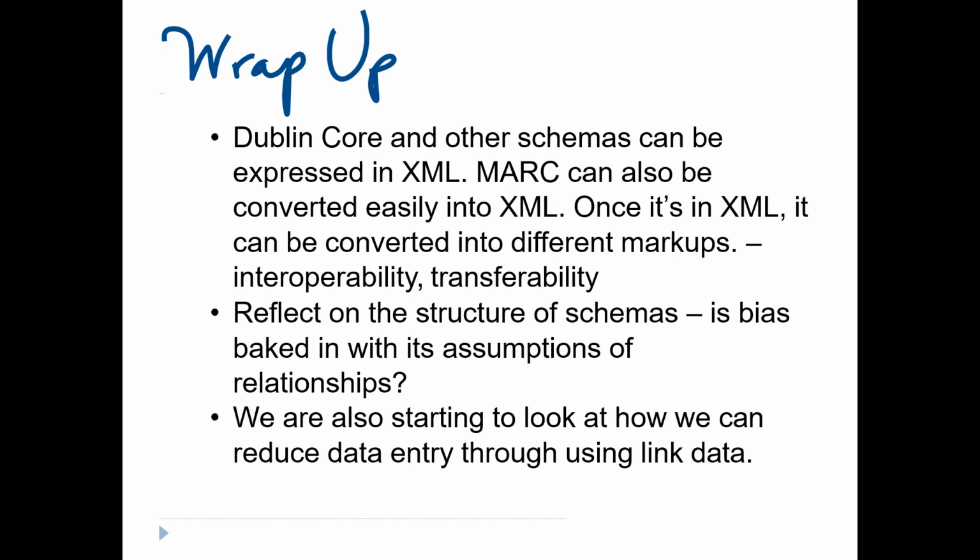Especially for subjects and names, that was fairly easy, but are there other areas? Location, if you have a schema that has location in it, would you use a controlled vocabulary, or would you point it to a controlled vocabulary that has URIs so that you can link directly to those? And in that case, the recommendation as part of your schema may be to use URIs for specific fields.